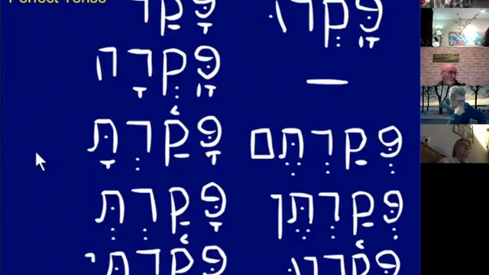So let's color the endings so we can really see what's going on here. First of all, 3MS has no ending. 3FS, let's make this pink. 3FS and this one here, if I can select them both. These are our vocalic endings.